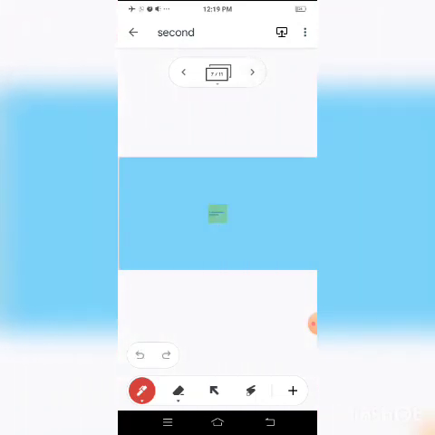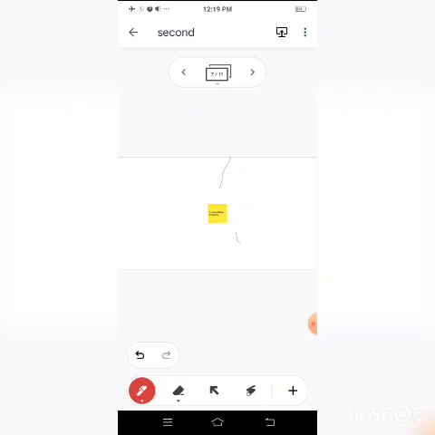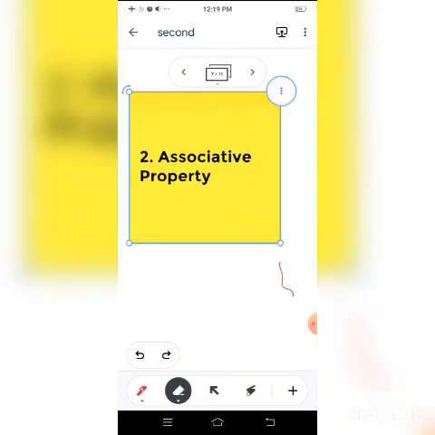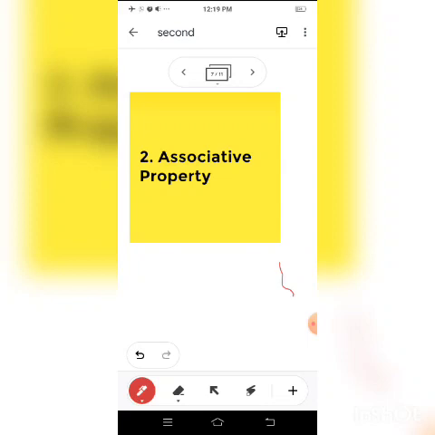The next property is the associative property. What is the associative property? Here we have to take 3 numbers. 2 plus (3 plus 5) equals 2 plus 8 equals 10.